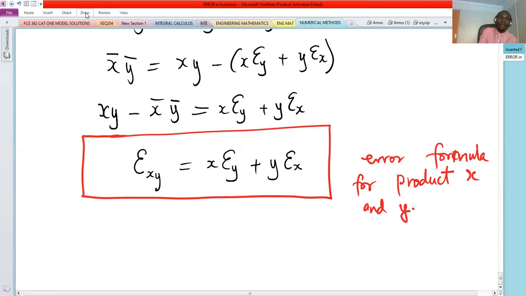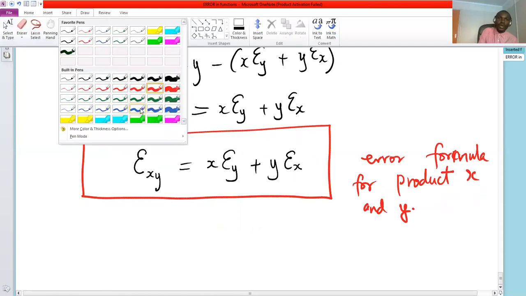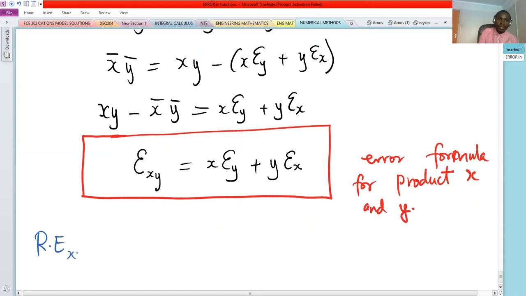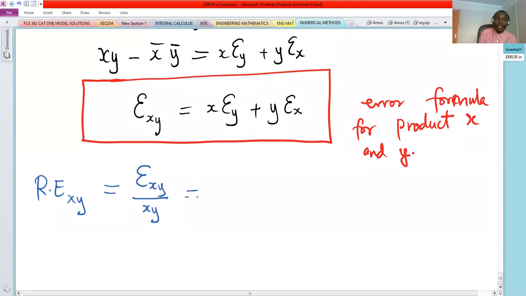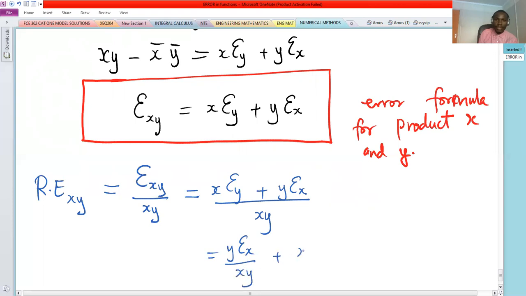Now we can define the relative error in the product. So the relative error in x multiplied by y is simply given by the error in the product over their true product xy, which, from what we have, is x error in y plus y error in x, divided by xy. And this is the same thing as saying y error in x over xy plus x error in y over xy.